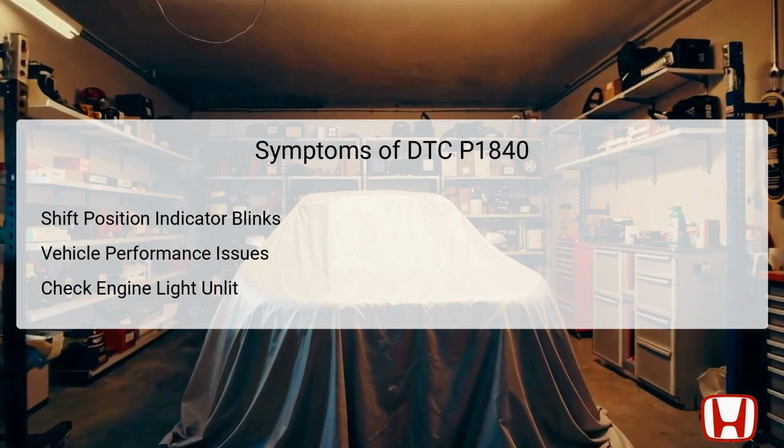One noticeable indicator is that the shift position indicator on the dashboard will blink, providing immediate visual feedback of the malfunction. Additionally, the driver may experience performance issues, such as erratic or delayed shifting, which can significantly affect the vehicle's drivability.